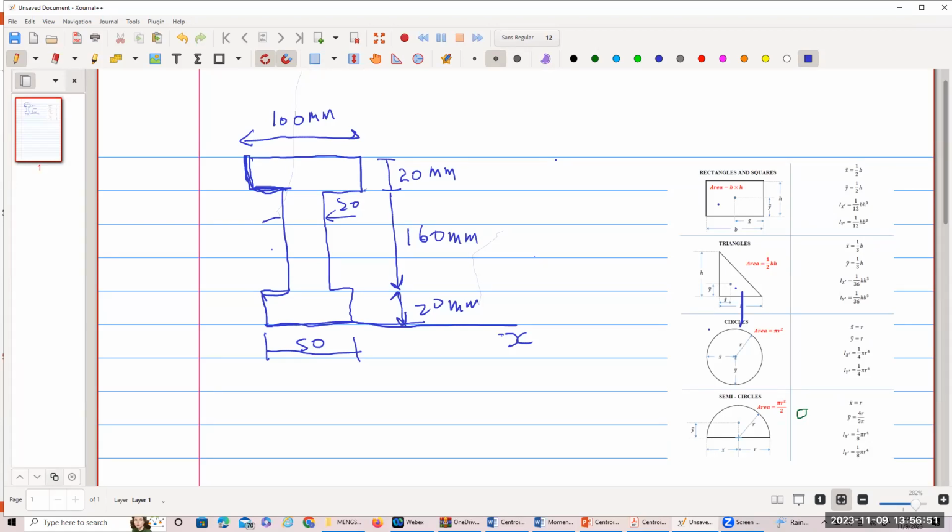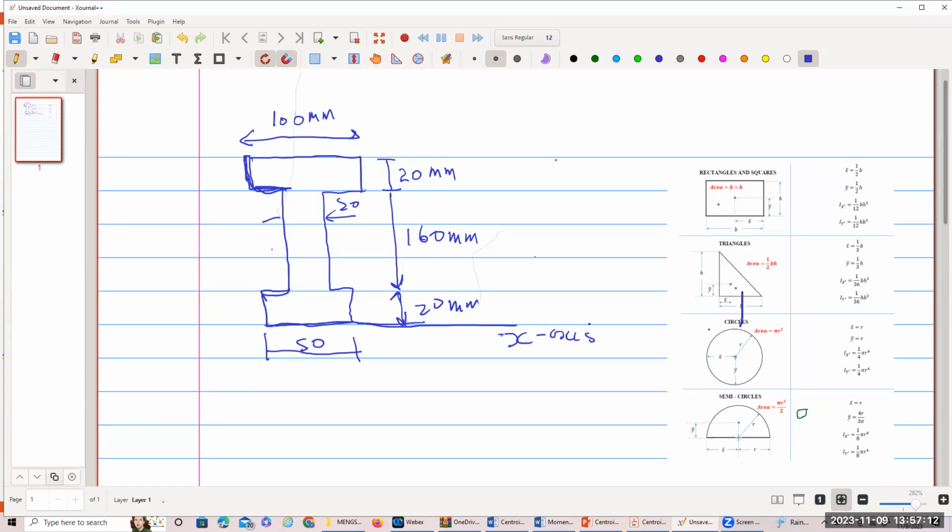That's where you put it? Either you could find the centroid from the top or you can find it from the bottom. If you find it from the bottom, where you call it x-axis, you're working from some datum point. So I should have really given you a datum point.